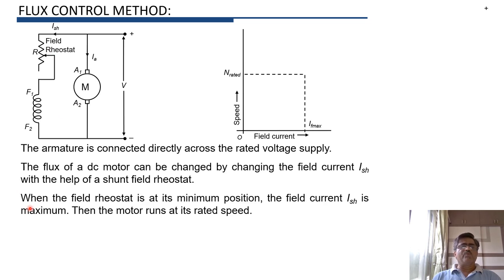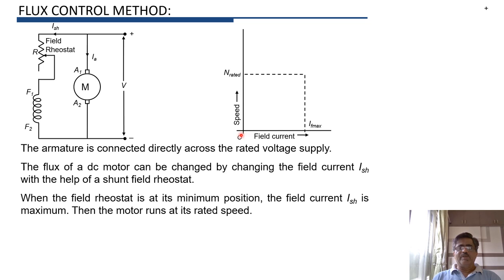Now suppose the field rheostat is at minimum position. So if this resistance is equal to 0, then current in the field winding ISH will be maximum and this will be the rated current. At the same time, the voltage across the armature is also rated.